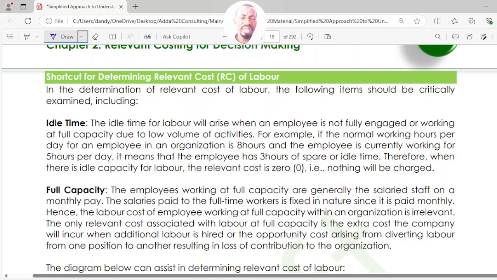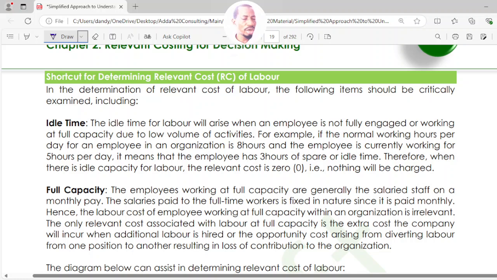Also, it is possible that an employee, say for example a supervisor, is working at full capacity on a particular activity, and there is a project or order for the company to execute, and you need the expertise of that supervisor to come and supervise the new project or order. So that means the supervisor will need to leave his current position to come and supervise the new project.